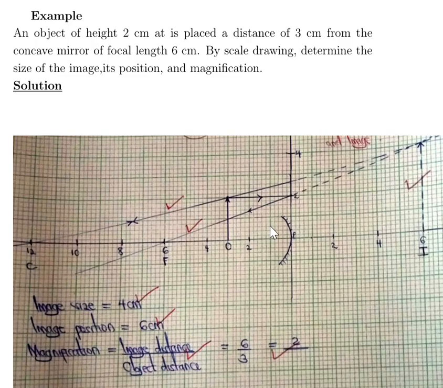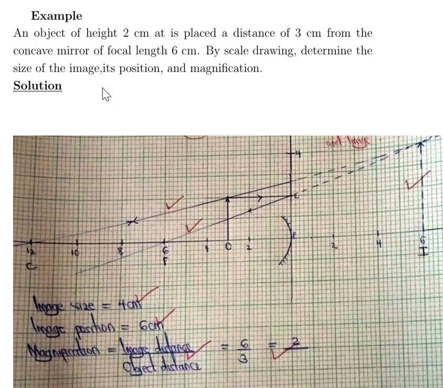This image that has been formed is behind the mirror, so it implies that this image is going to be virtual. If you compare the size of the object and the size of the image, you realize that the image is bigger than the object, and therefore in this particular case we have a virtual and magnified image.